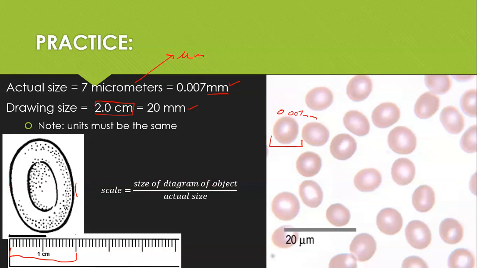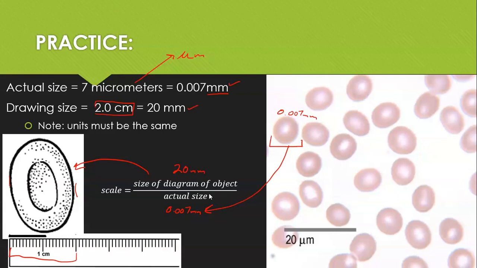The size of the diagram of the object, that's this, is 20 millimeters. The actual size of the object, I calculated at 0.007 millimeters. And all I do is divide the two numbers to get the scale.